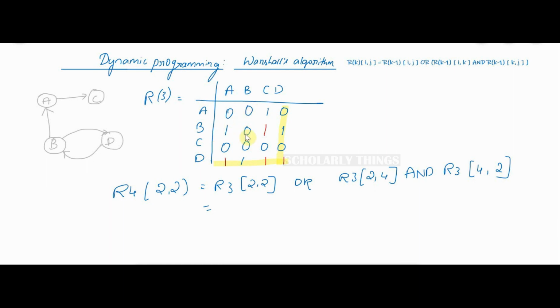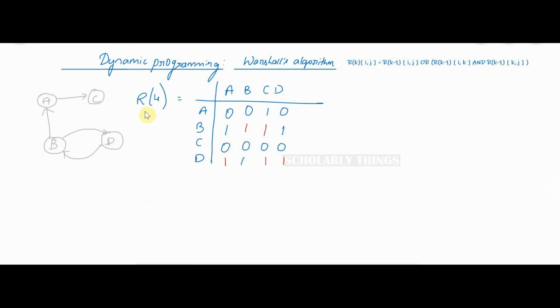R3 of 2, 2 is 0 or R3 of 2, 4 is 1 and R3 of 4, 2 is 1. 0 or 1 and 1 is 1. 0 or 1 is 1. In R4, we can make 2, 2 as 1. So finally, R4 is the transitive closure for the given graph.